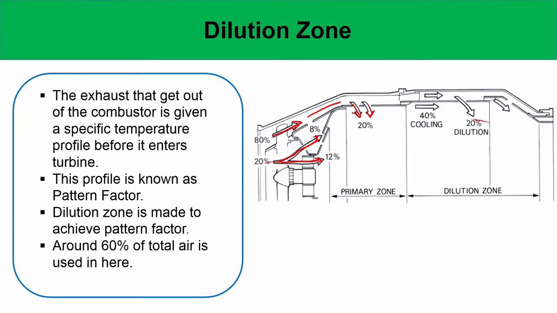First we need to focus here that the purpose of this dilution air is that the exhaust that gets out of the combustor is given a specific temperature profile before it enters the turbine, and this temperature profile comes from structural considerations of the turbine blades. The turbine blades are under immense centrifugal forces because they are rotating at such high velocities, and not only centrifugal forces, they are under high thermal stresses as well.